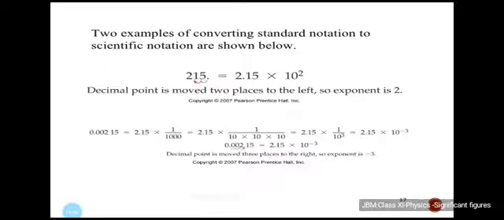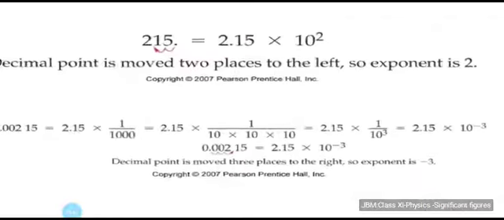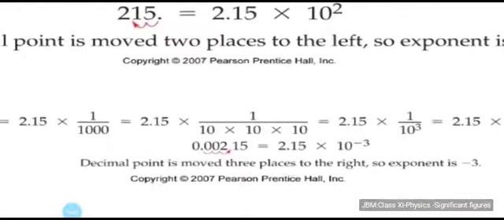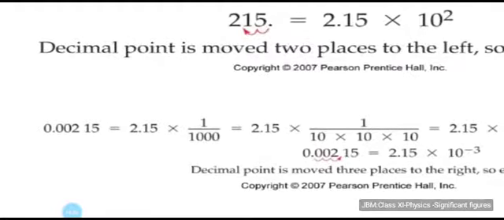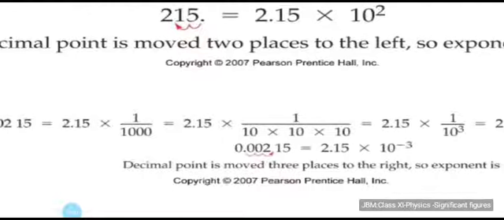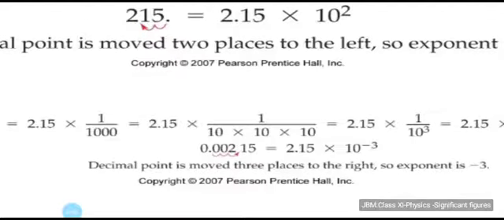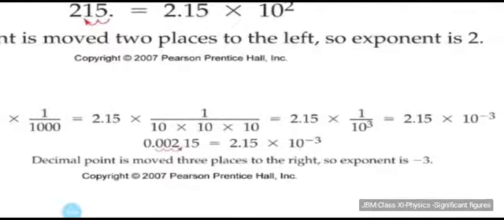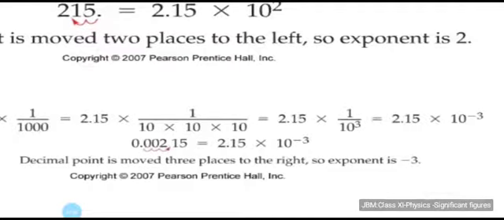Similarly, if the number is 0.00215, see the steps. I'm just zooming it for you. So 0.00215 can be written as 2.15 into 1 by 1000. 1000 can be written as 10 into 10 into 10.